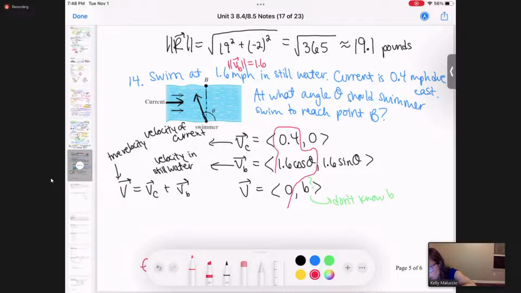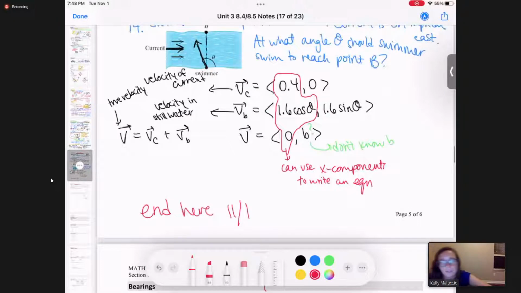So we can use the x components to write an equation. I'm just guessing that this will help you on homework. The tests are not this complicated, but we can use this to write an equation.